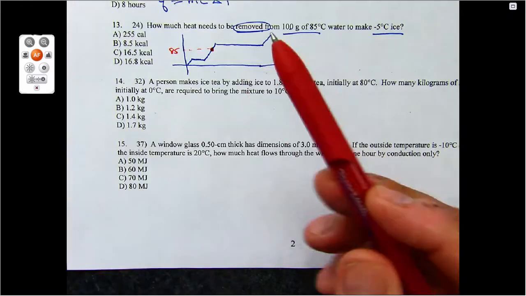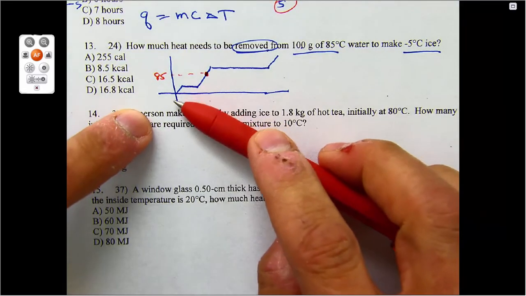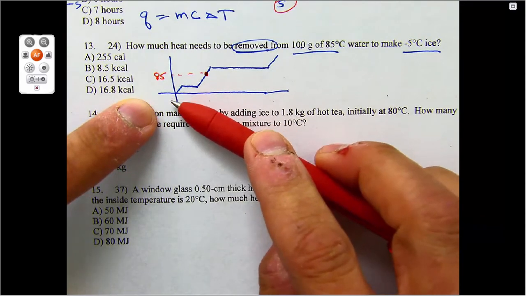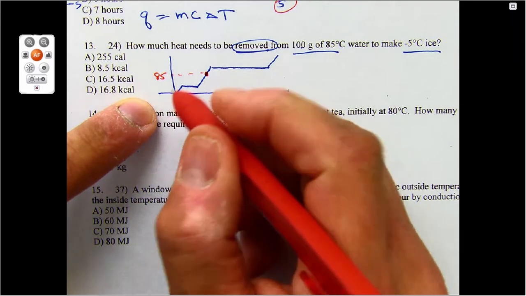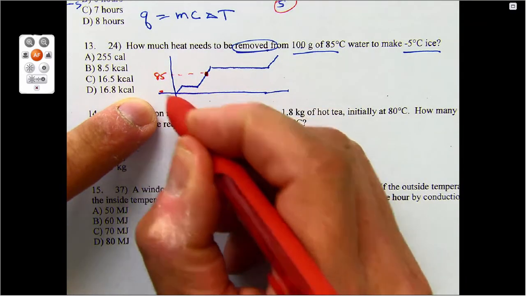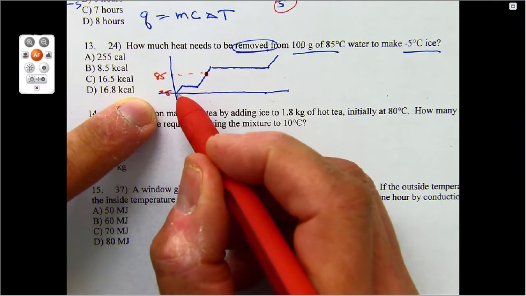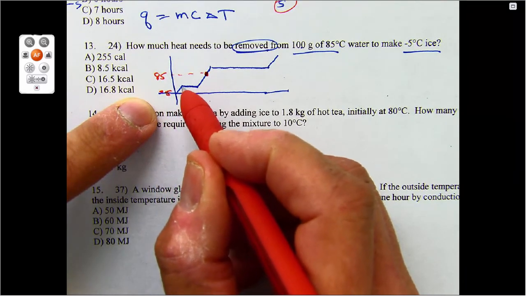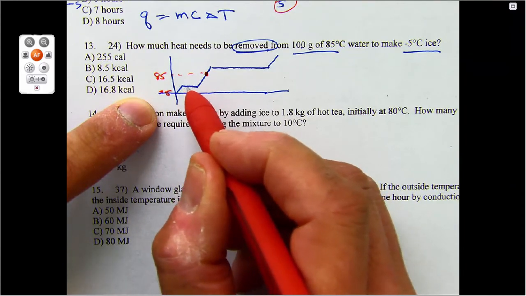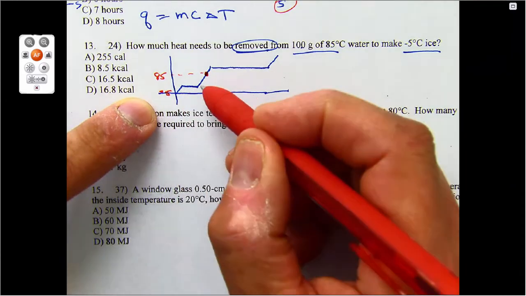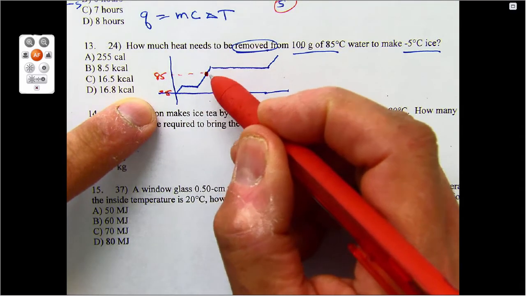So remember that chart we looked at, we said, oh crap, I should have put it below the 0 line here, but this is my -5 right there when I'm starting on that line. So this is cooling down the ice. This is melting the ice at the same temperature. And this was getting 0-degree ice up to 100, right? This line.